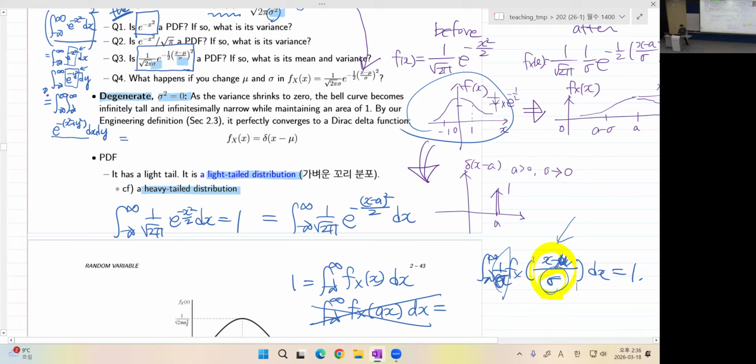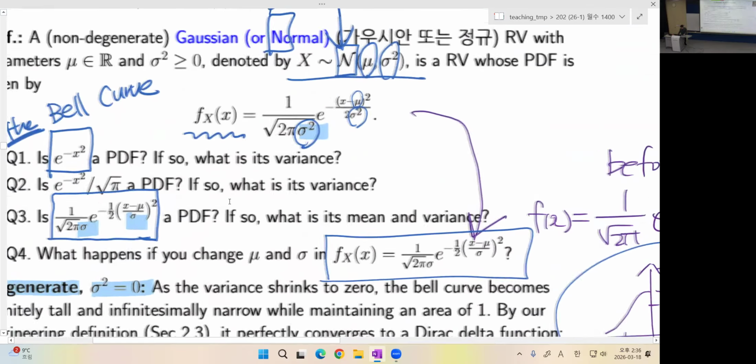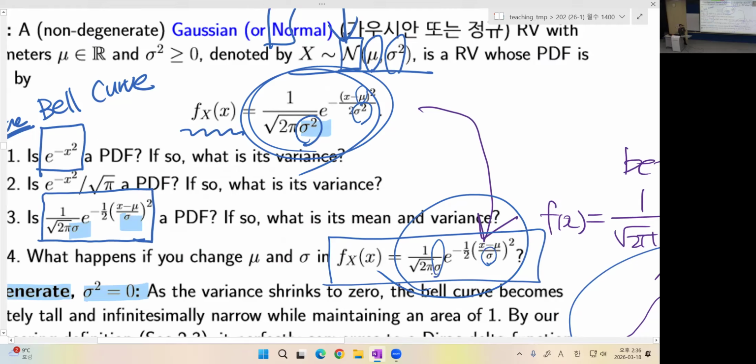Got it? Anyway, so I prefer rewriting the PDF that way. So do you see the difference? Usually we have this form of PDF defining the Gaussian random variable, but I love this form in the way that 1 over sigma appears in front, and you have x replaced by x minus mu divided by sigma.